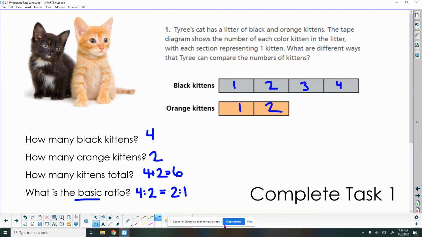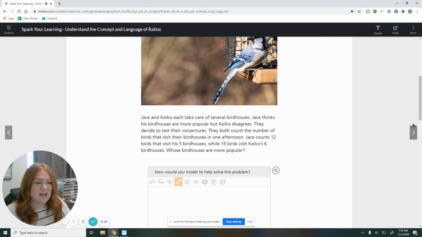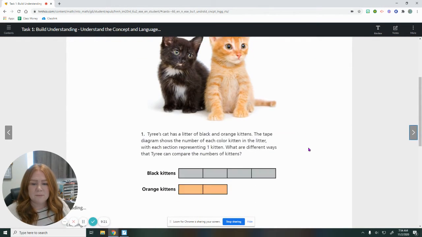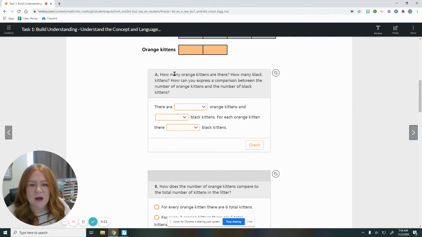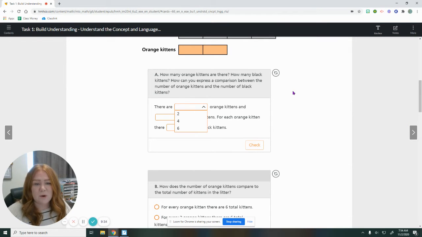So let's go ahead and look at the questions for task 1 here and see if we can answer those with that information. So how many orange kittens are there? How many black kittens? So we've answered those, and now we're going to answer these questions. So there are blank orange kittens and blank black kittens.